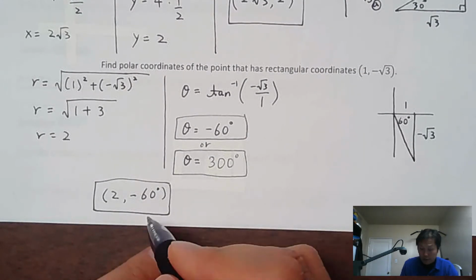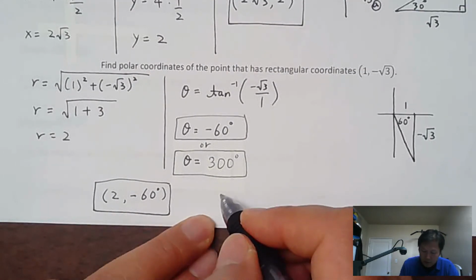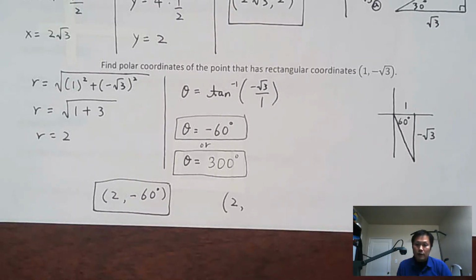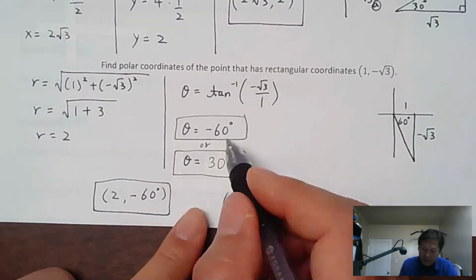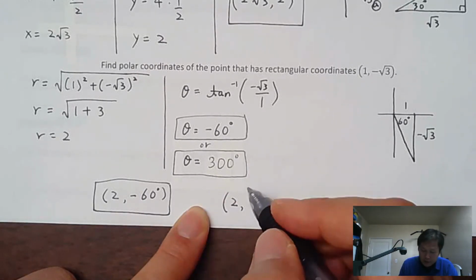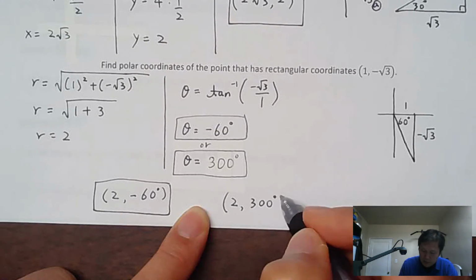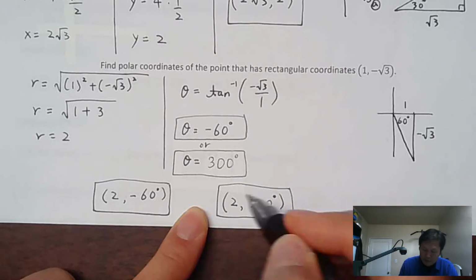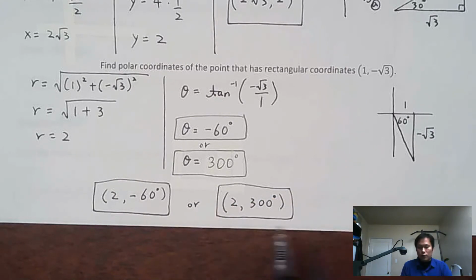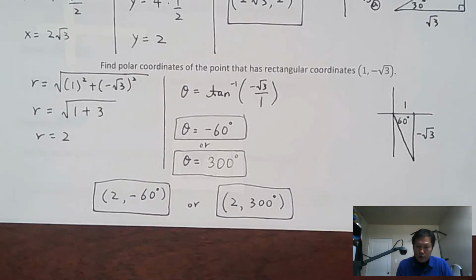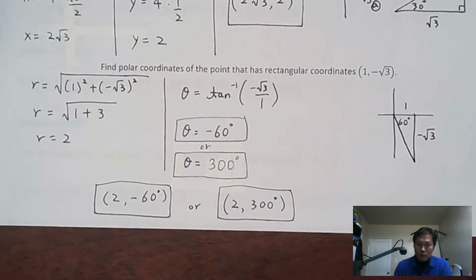That should be a correct answer. If it wants an angle from 0 to 360 degrees, then you have to add 360 degrees to minus 60 degrees, which will be 2 comma 300 degrees. Of course, you can add 360 more or subtract 360 more, so there could be more than one answer. Let's do more practice.